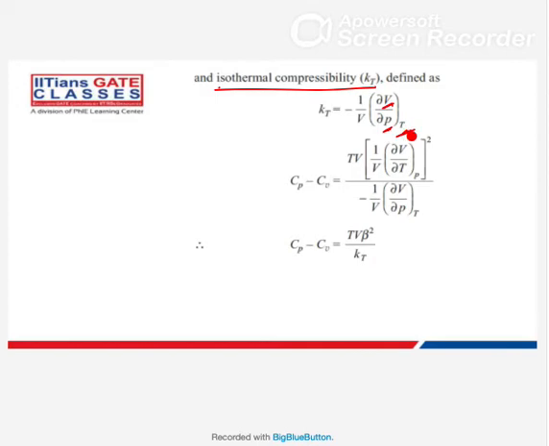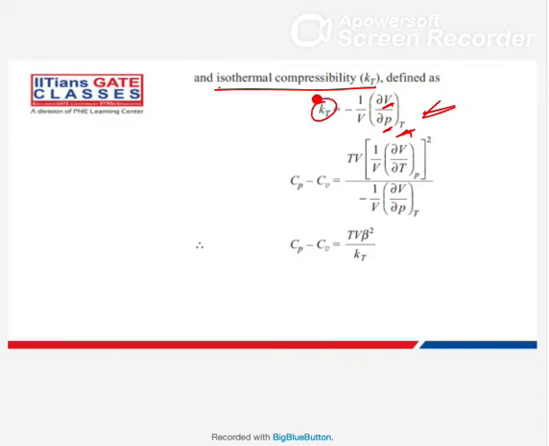The inverse of this gives you the bulk modulus. We have already seen this in fluid mechanics, and you might have studied it in the strength of material subject also.